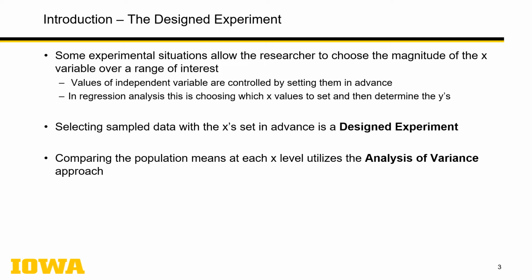And when that is possible, then you can get into a variety of different types of experiments that are all collectively referred to as a designed experiment. And this allows for a type of statistical analysis called the analysis of variance approach to determine differences in the means of these different levels that you have.